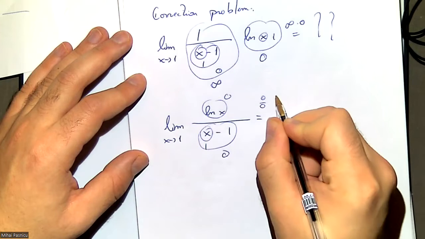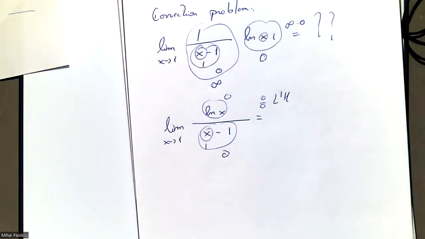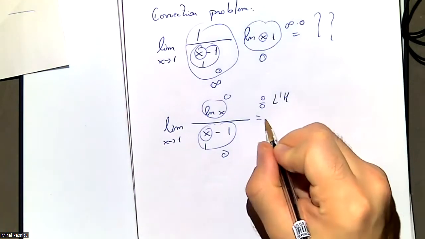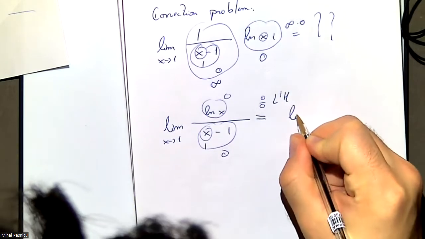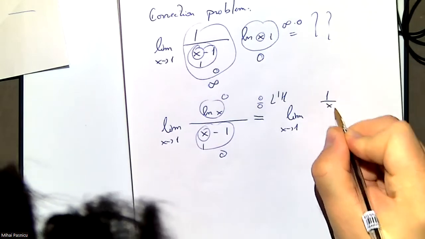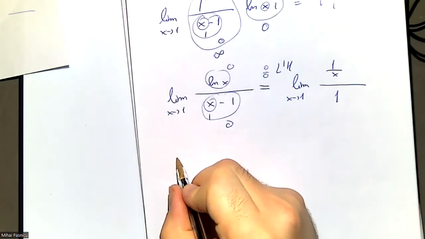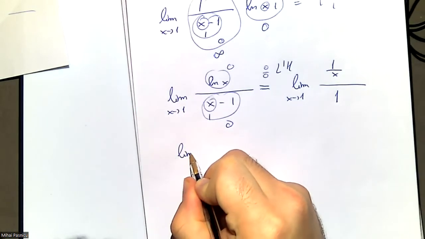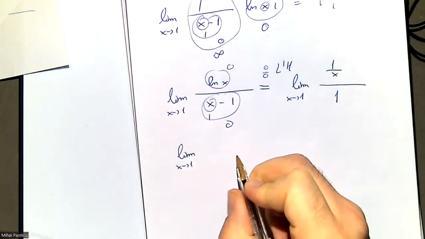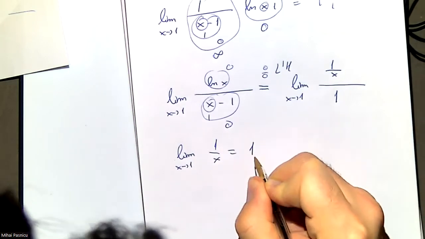So 0 over 0 case, I can apply L'Hopital to it. Okay? And if I apply L'Hopital to it, I get limit when x goes to 1 of 1 over x over 1. So limit when x goes to 1 of 1 over x is just 1.